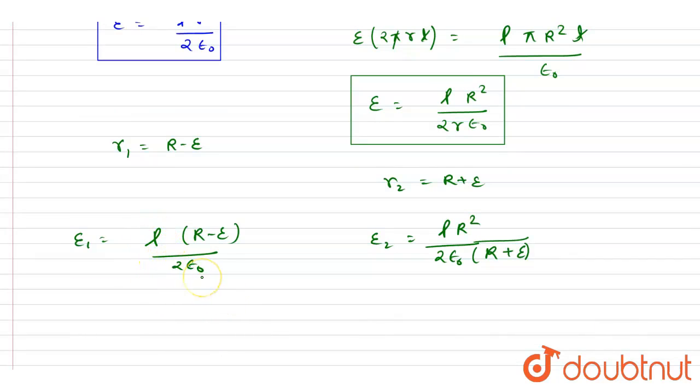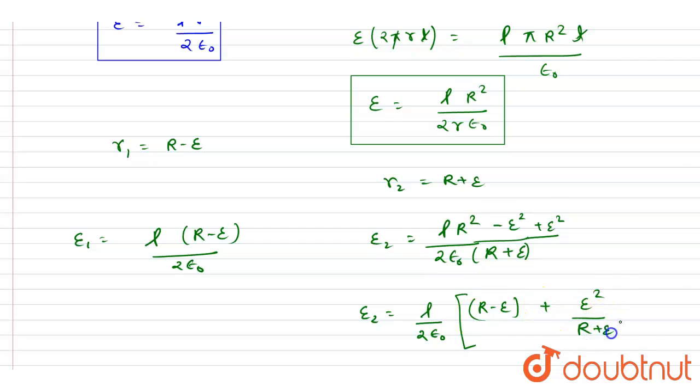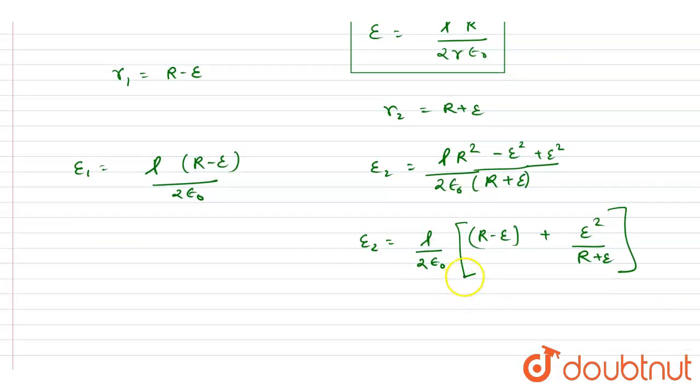Basically rho by 2 epsilon naught is the same for the two, but to compare the rest we have to solve it a bit. I will write down E2 is equal to rho by 2 epsilon naught. Here I will subtract c square and add c square. So it will be R minus c plus c square by R plus c. You can see very clearly that if you take this rho by 2 epsilon naught inside, this is nothing but E1 only.